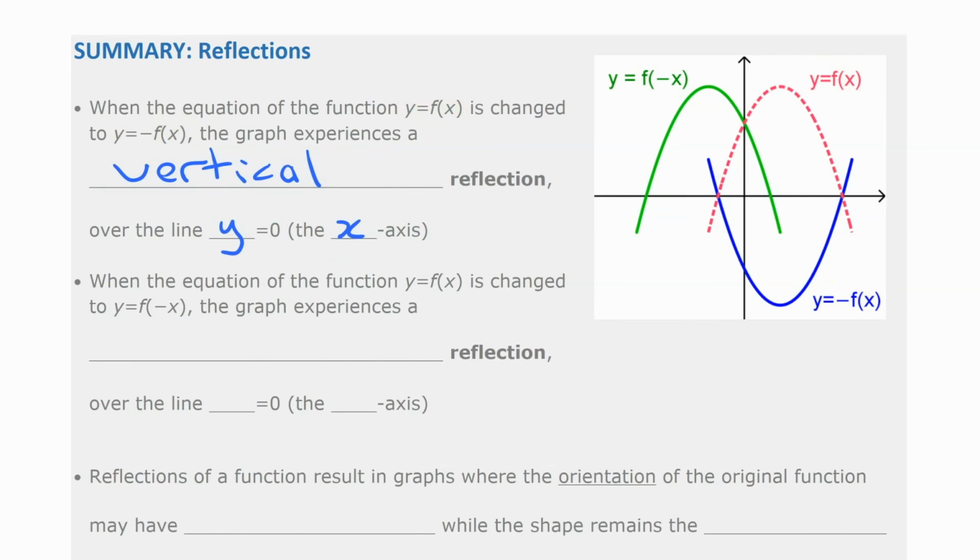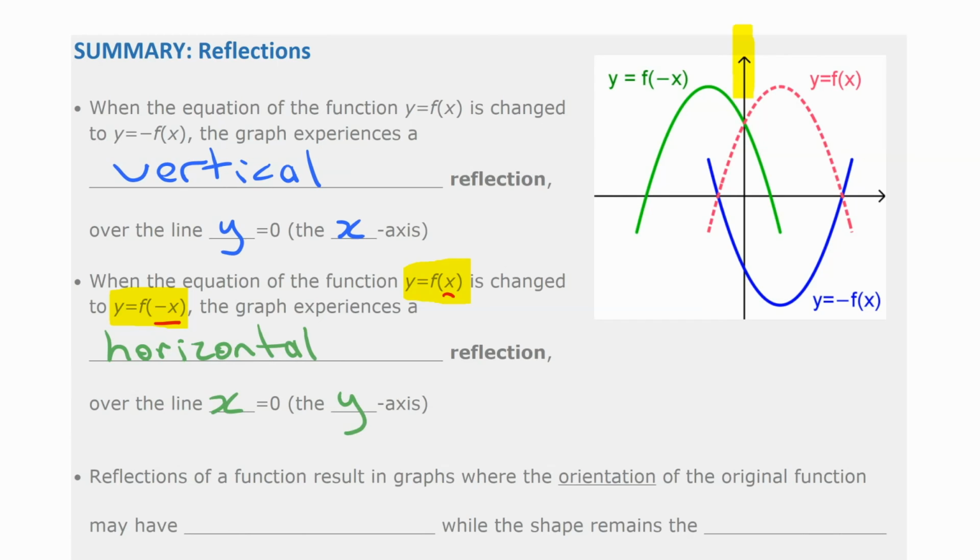And then if we take f of x and change it to f of negative x, in other words, if we replace x with minus x, then the graph experiences a horizontal reflection over the line x equals 0, or in other words, the y-axis.